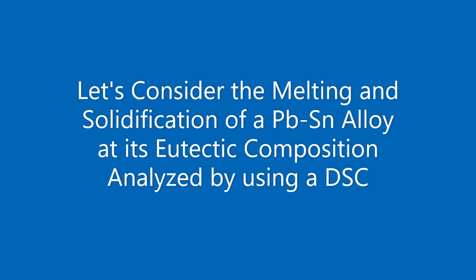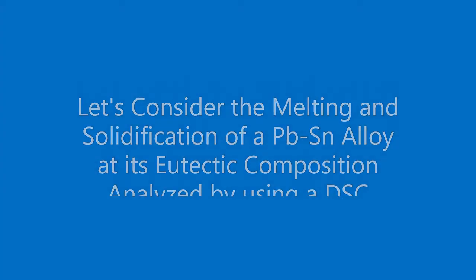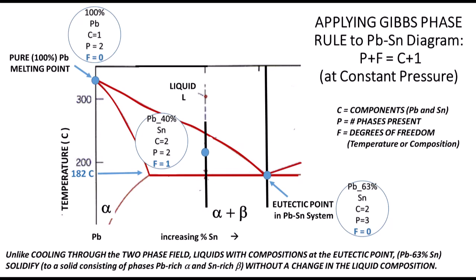Now we consider the DSC result for the eutectic composition of 63% tin in lead. In this case, the liquid, a combination of lead and tin atoms, exists as a liquid all the way down to 183 degrees C, significantly below the melting temperature of each of the pure elements involved.